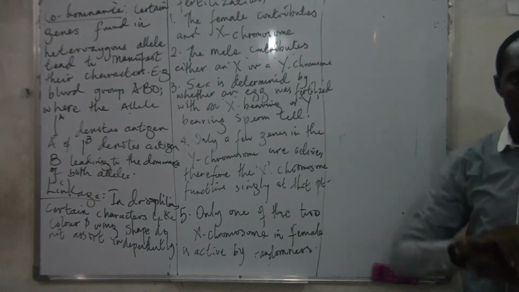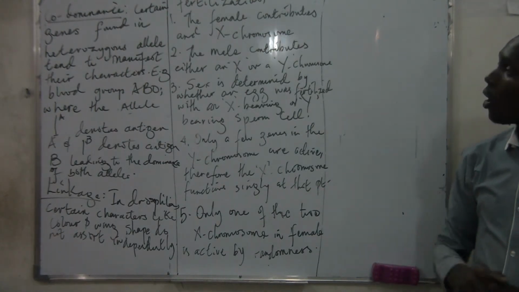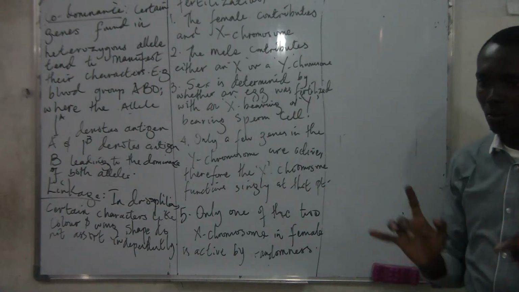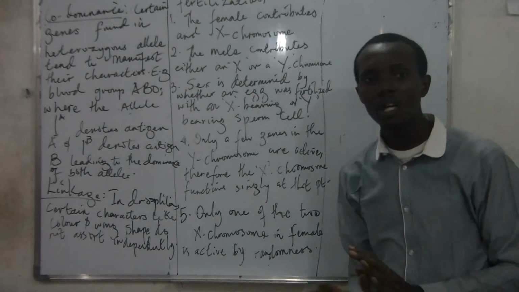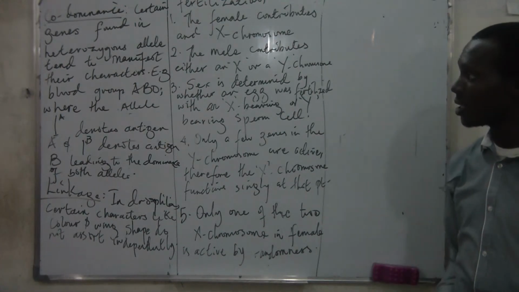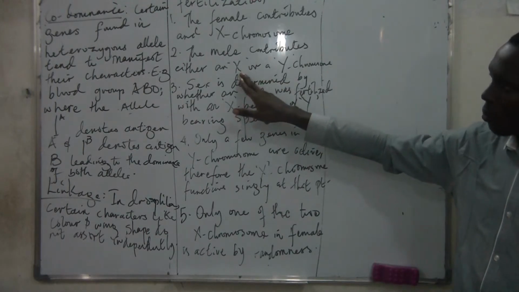The X chromosome. So the egg cell in the female produces what? Just an X chromosome. It doesn't contain any other chromosome aside from the X chromosome. While the male will either contribute what? An X chromosome or what?